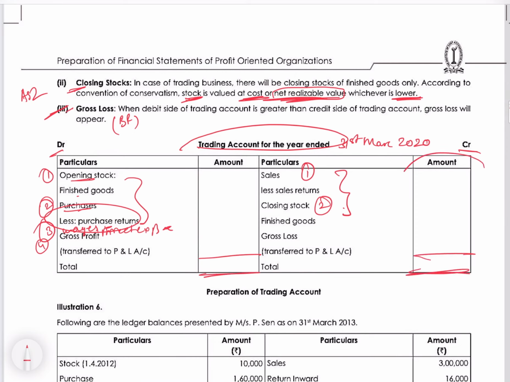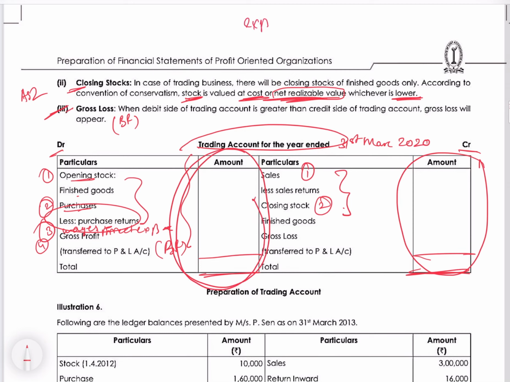If your credit side is heavier and the debit side is less, we will get gross profit, which is a balancing figure. It means the business has made a profit, because the credit side is heavier, meaning the income side is heavier. Expenses are less, income is heavier. So we made a profit. If the debit side is heavier, expenses are more, income is less.